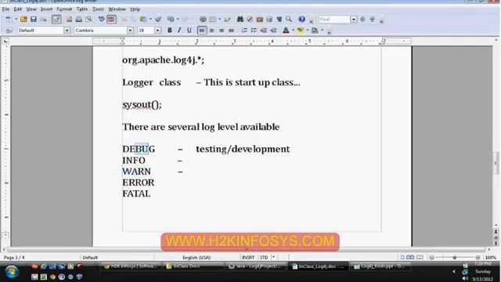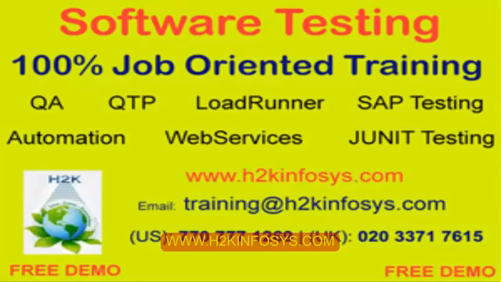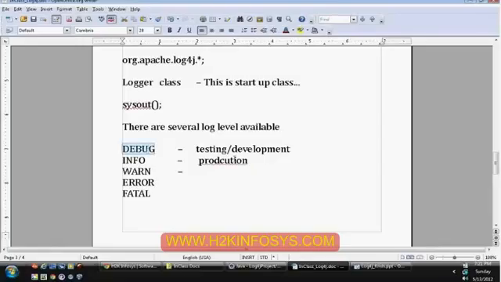So debug level will be used in testing and development, and info level will be used in production, because we don't want the production logs to be filled up very fast. QA means testing environment, so you won't receive many requests, but a production environment is going to handle a lot of capacity and your log file will fill up very fast. That's the reason we won't use debug level in production.